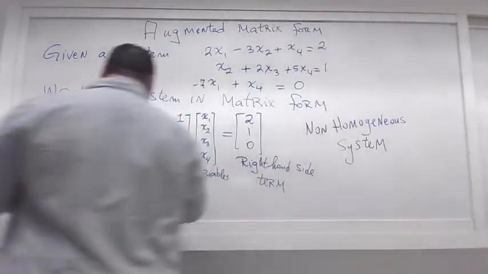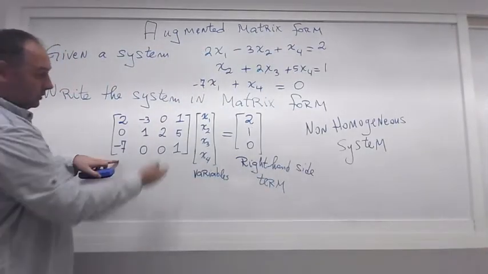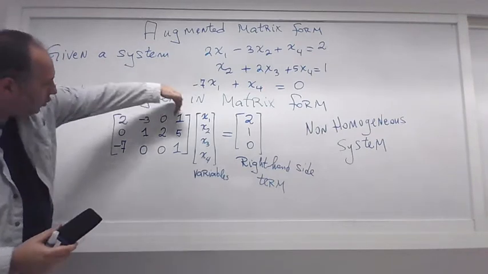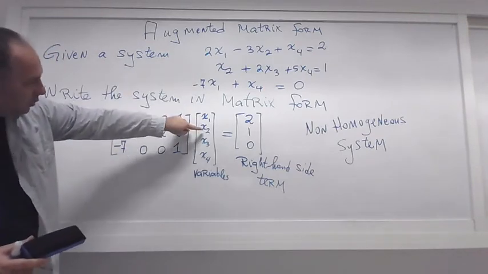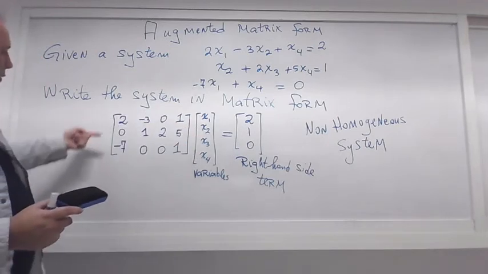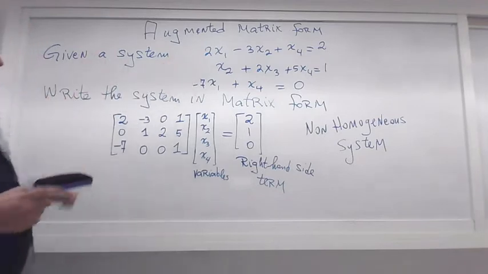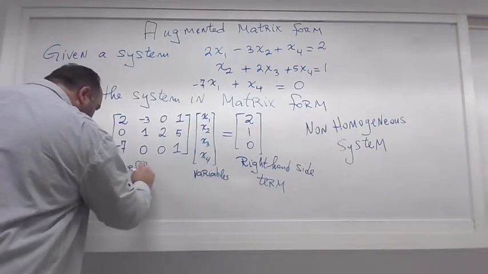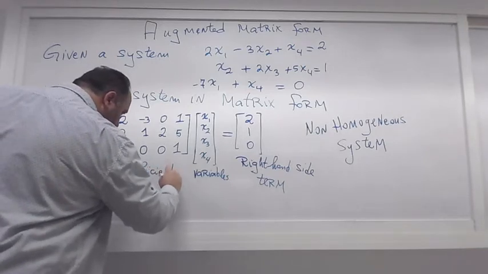Okay, and this matrix, because this is a matrix, it has 3 rows and it has 4 columns. Each column for one of the variables, of unknowns, and each row for one of the equations. So this is called the coefficient matrix.